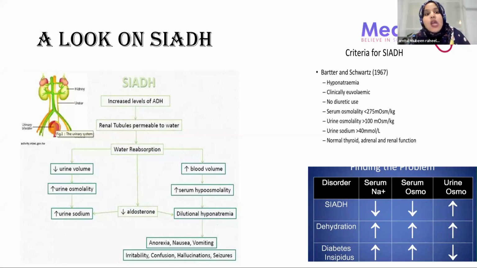He's not passing urine out. He's keeping all the water. So serum will get diluted and urine will get concentrated. What will happen in the reverse condition, in diabetes insipidus? The serum osmolality increases and the urine osmolality decreases. Why is serum osmolality increasing? Because the body is throwing everything out and the urine is very dilute. So urine osmolality will be down.